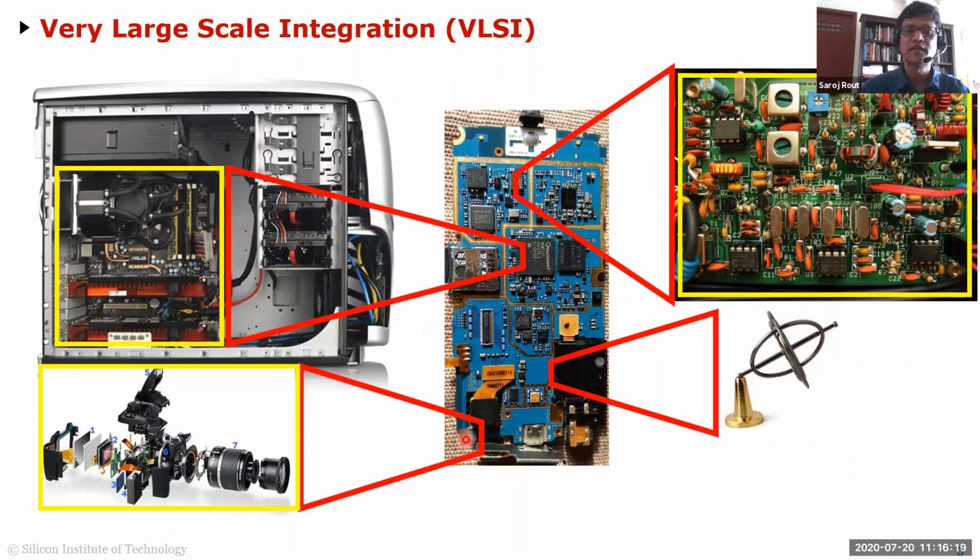The cameras are unbelievable because I've been doing photography for 30 years now, and I used to use SLRs before. The quality is just amazing. The same chip now does more than what your SLR used to do. So you have this giant mechanical camera crammed into this VLSI.